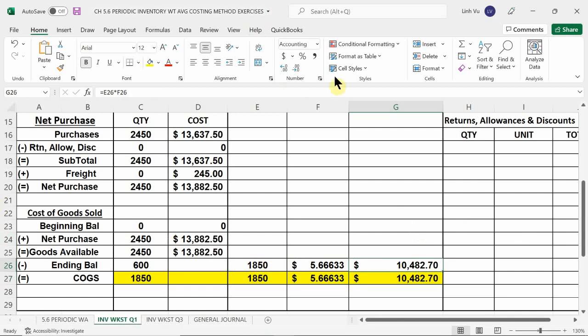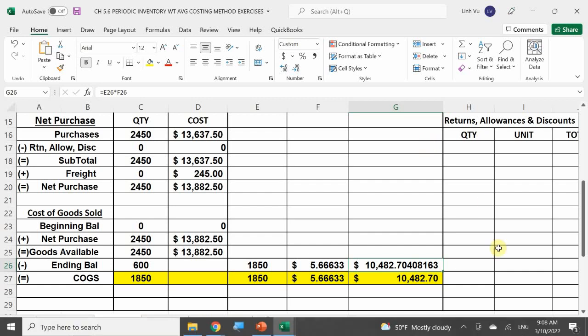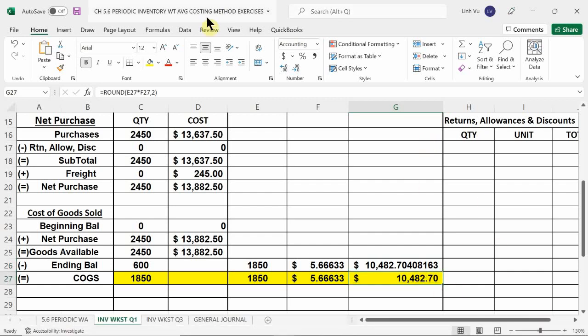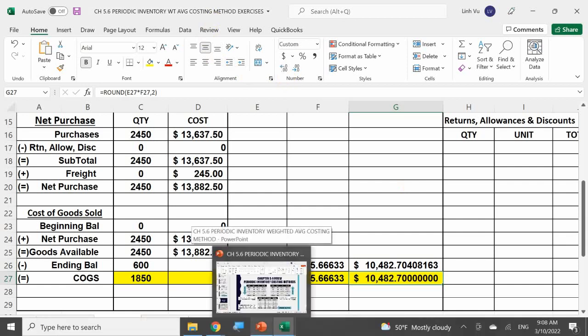If I expand this out, it's actually $10,482.74081163, whereas if I use my equal ROUND formula, this is going to be $10,482.70, because this answer is rounded.